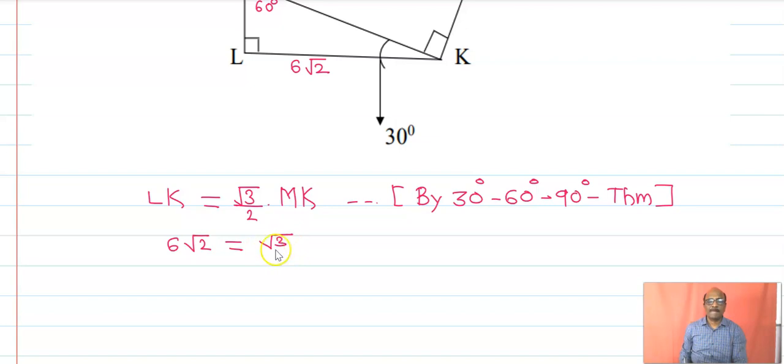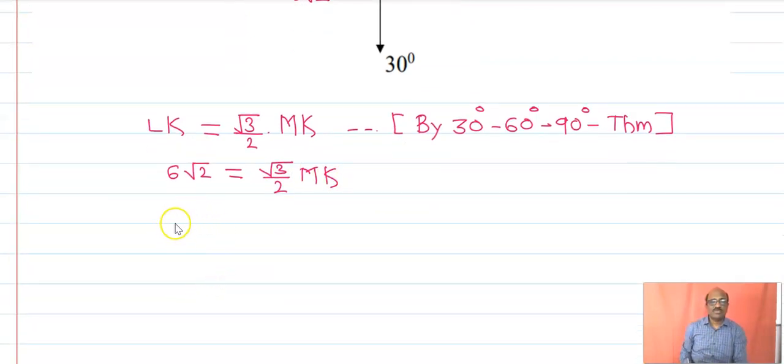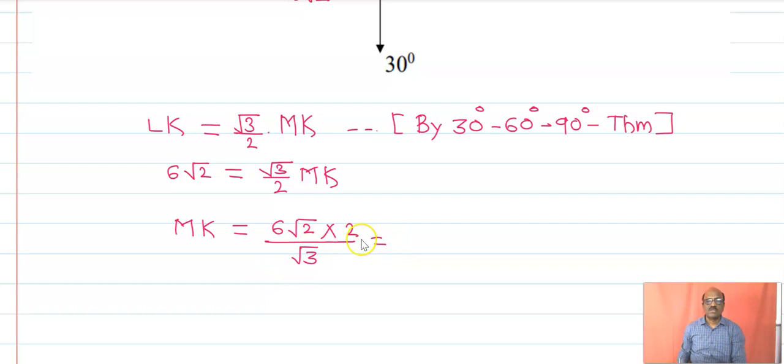6 root 2 and that is equals to root 3 upon 2 here MK, and hence MK is equals to, इथे product आपण करणार तिथे, that is 6 into root 2 again into 2 and this divided by root 3. What about their product? That is a 12 root 2 upon root 3. पुन्हा आपण हे evaluate करू शकतो.